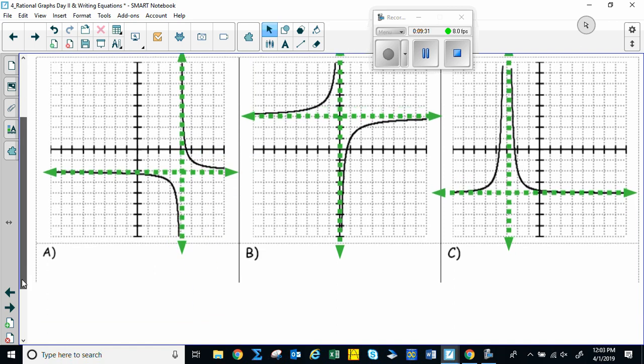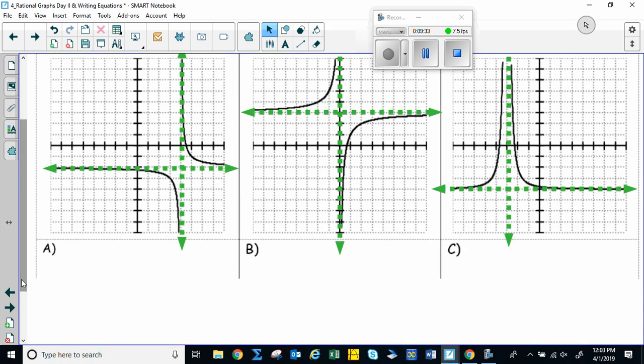So if I look at this first one, is my denominator going to be x squared or just x? Just x, okay, because the curves are not both going up or both going down. The parent function was shifted to the right 1, 2, 3, 4 units. So I'm going to write x minus 4 in the denominator.